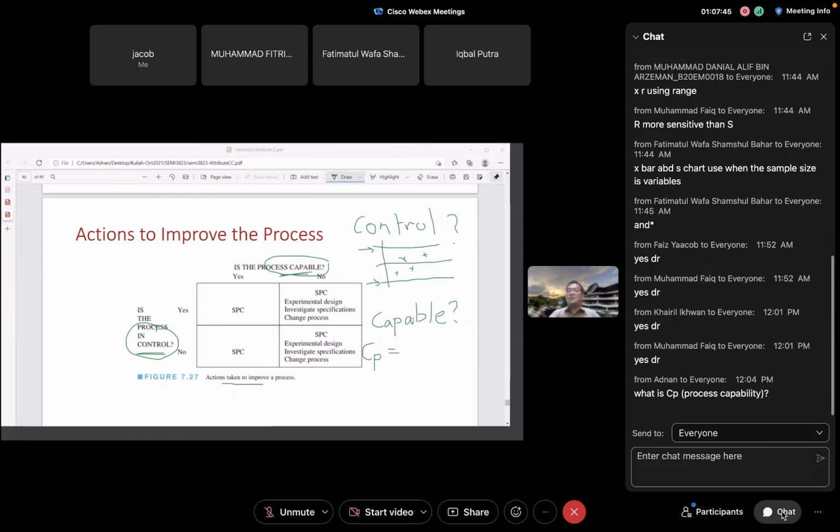Can you put it in the chat box? Please respond to the chat box. What is Cp?